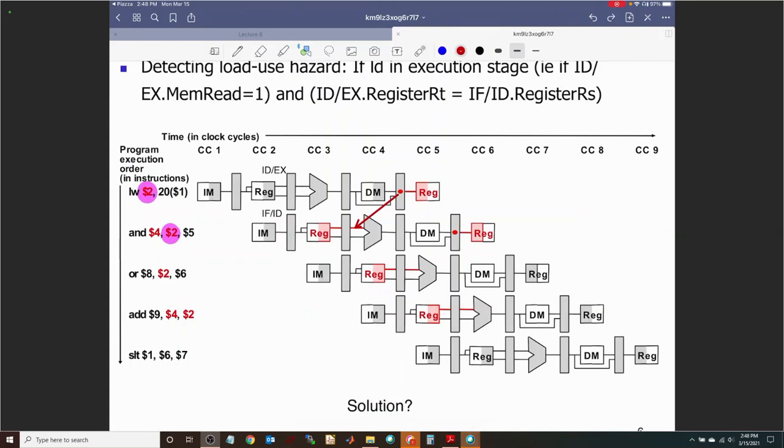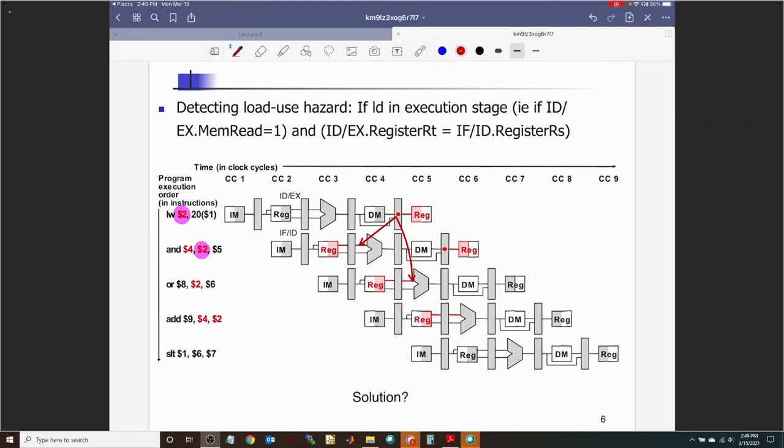I could get away with this because it is happening after, right? So one instruction I definitely have to worry about. But then if you have this guy, then the solution is I need to stall. So let's see how much I need to stall.